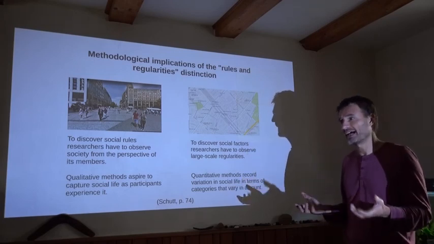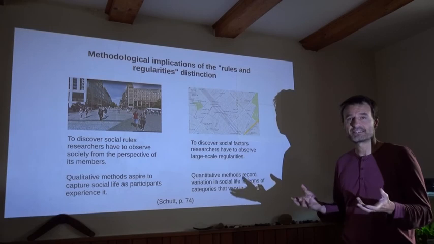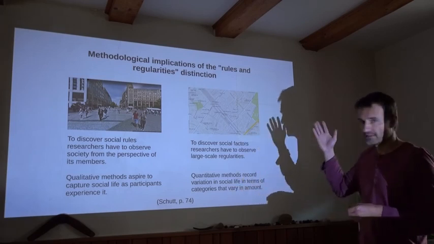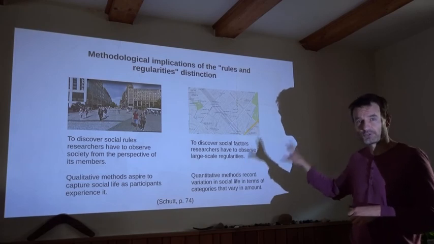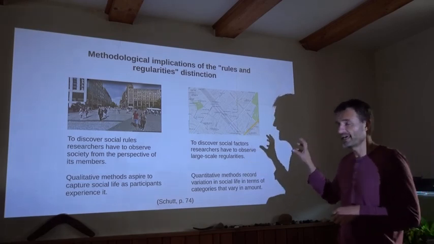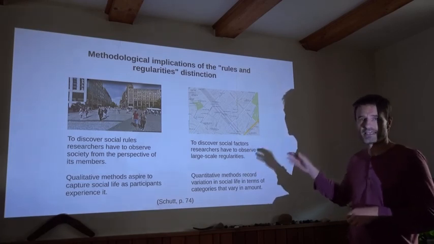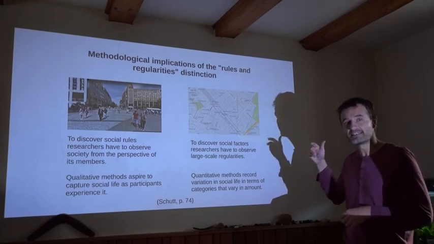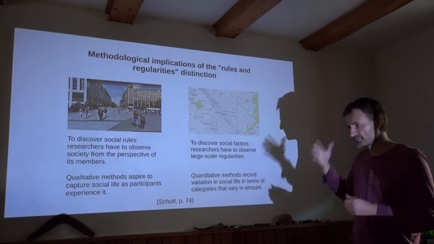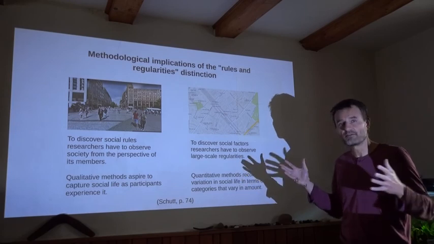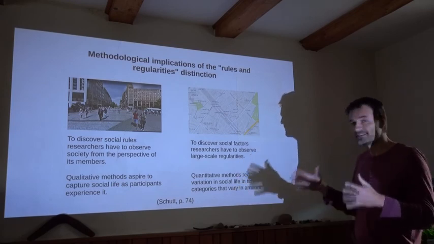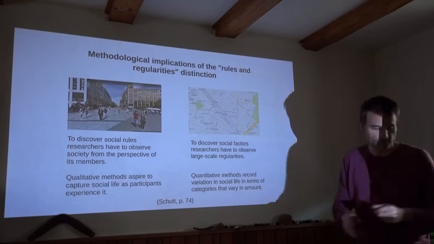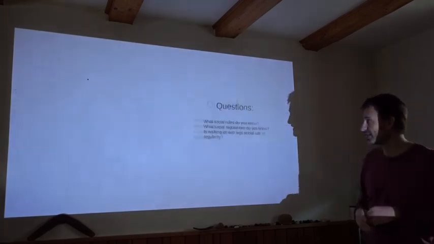If we don't understand rules, we cannot follow them. While to describe society in terms of regularities, we have to be able to measure social behavior. We have to have some indicators, some variables that capture this quantitative aspect of social reality.